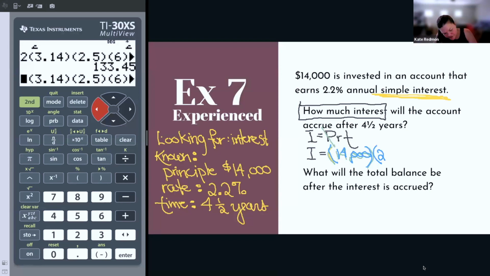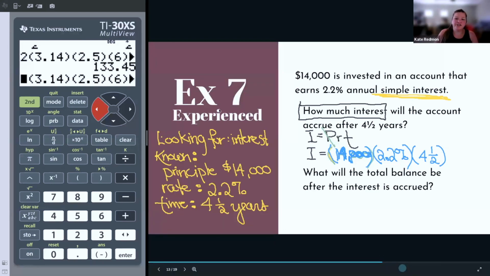If you drop the percent sign, you're not giving yourself a portion, 2.2%. You're doubling your money every year. You guys wish it worked that way. You're doing 2.2 times. I need 2.2%. Then what? Parentheses 4.5. And I'm earning 2.2% interest per year. And this is 4.5 years. So I am good to go.